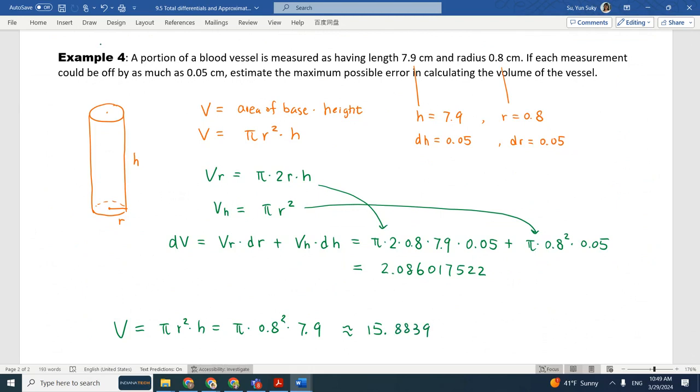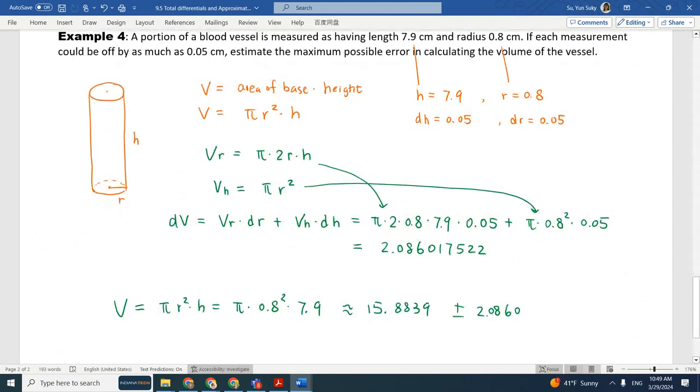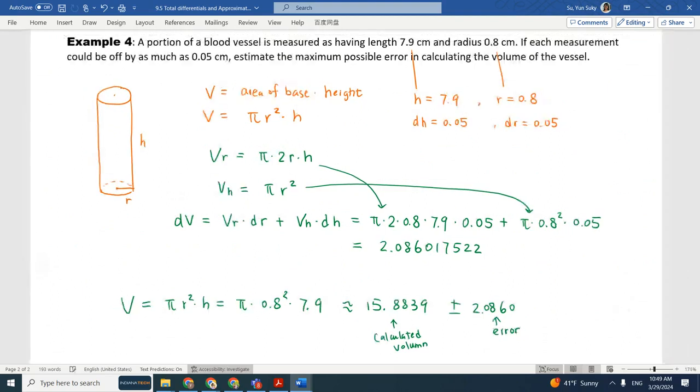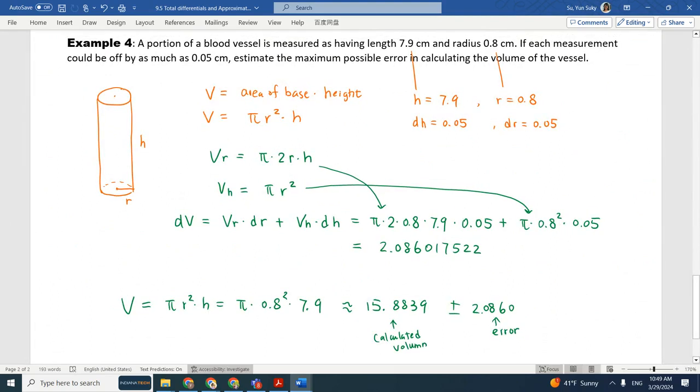So this is the volume, okay? And then your error is plus or minus 2.0860. So this is the calculated volume, and this one is the error. You can kind of know this is our answer, but it might be off by 2.